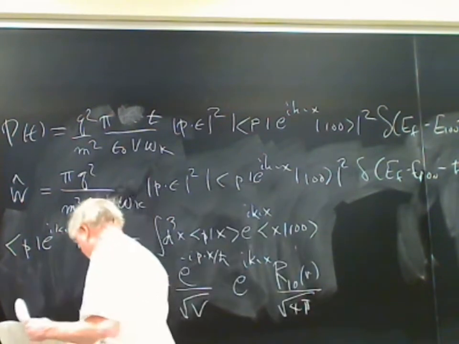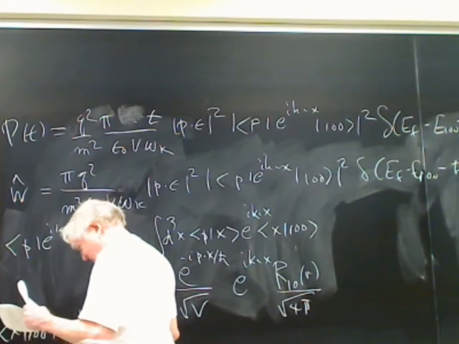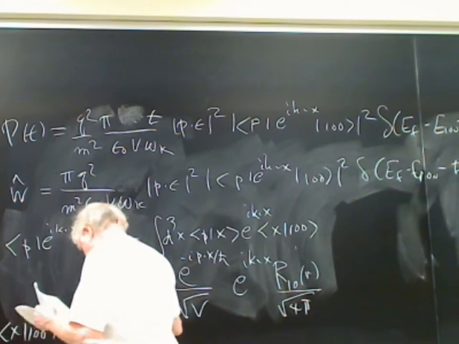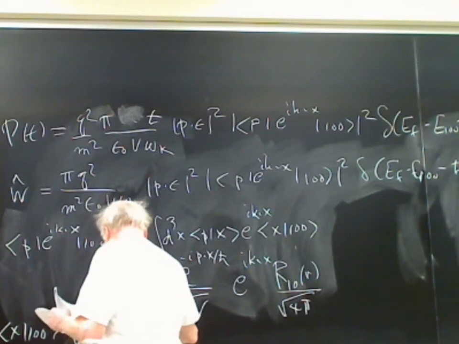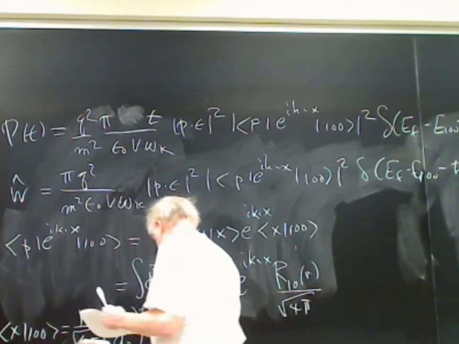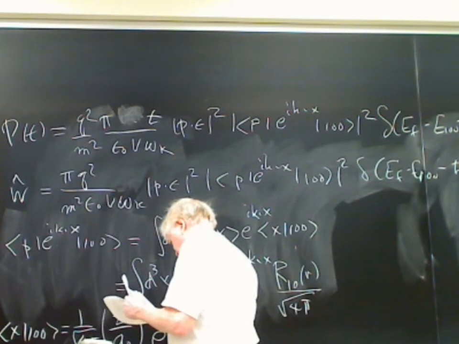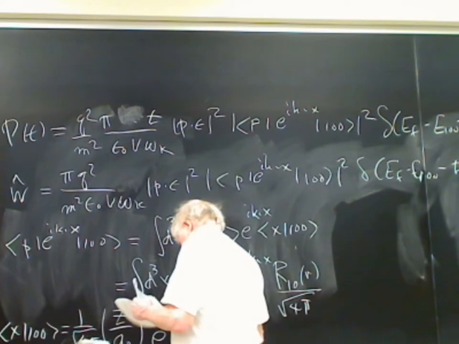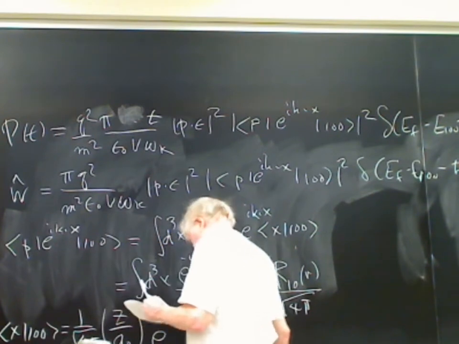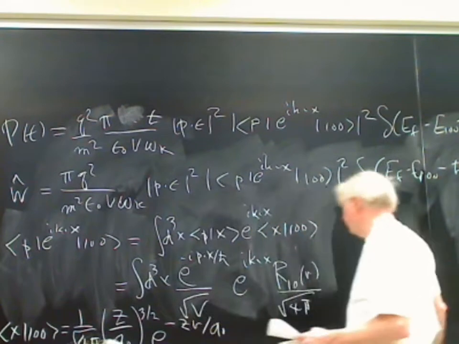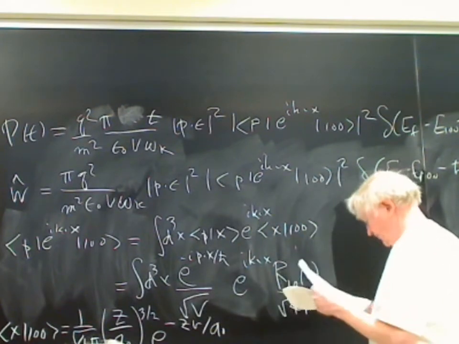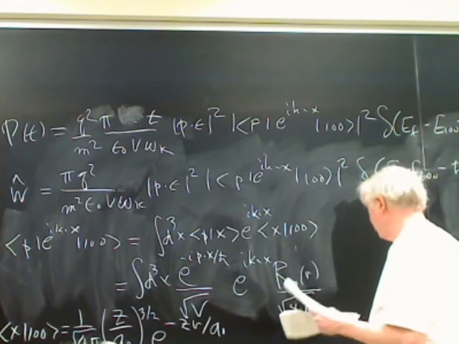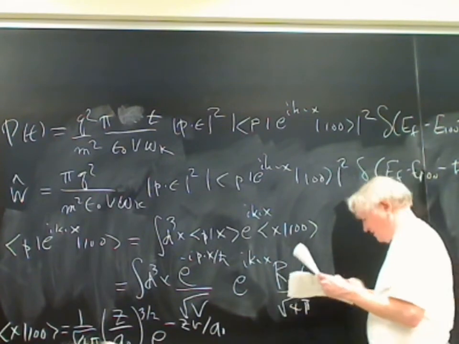Not the most realistic case for advanced matter physics. Z over A0 to the 3 halves, A0 being the Bohr radius, e to the minus ZR over A0. So that's our hydrogen atom wave function.